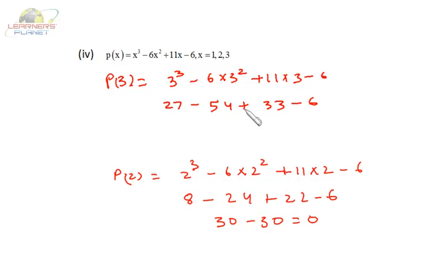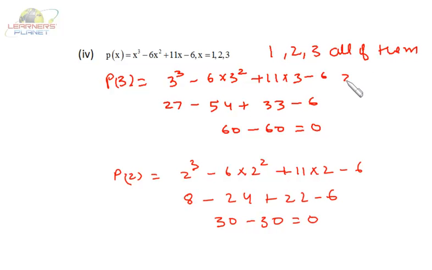So it is 27 plus 33, that is 60, minus 54 minus 6, minus 60. So still we are getting 0. That means even 3 is a root or 0 of this polynomial. That means 1, 2 and 3, all of them are zeros of the polynomial. Okay, so I hope you are clear.